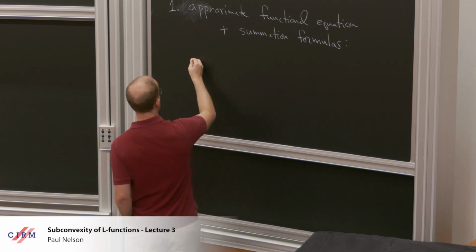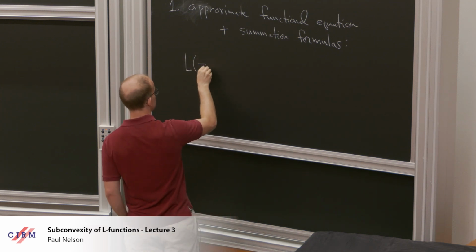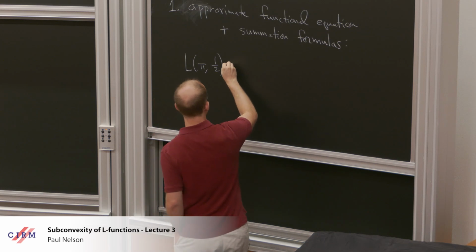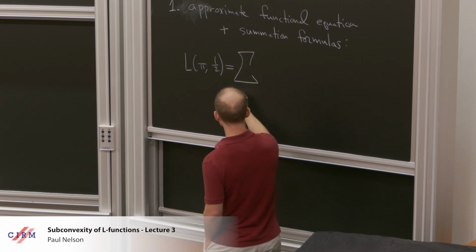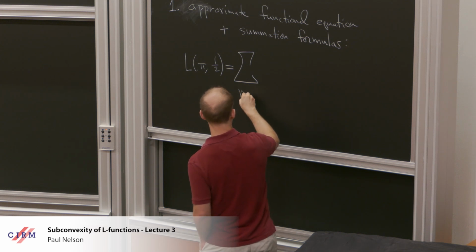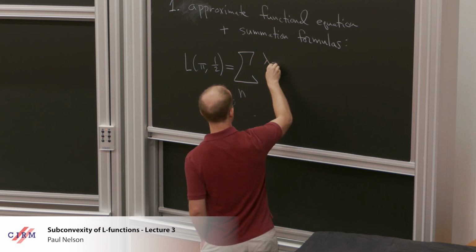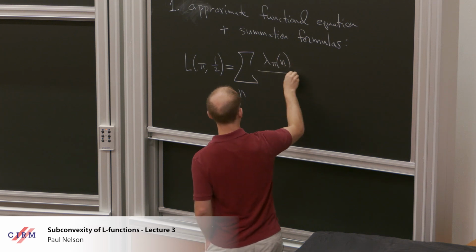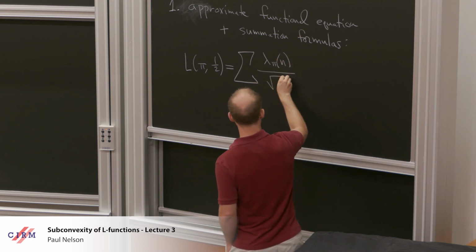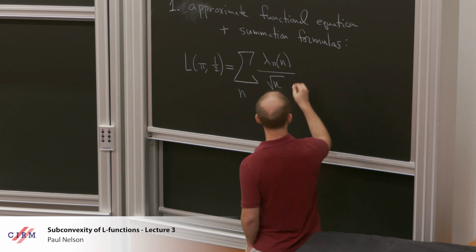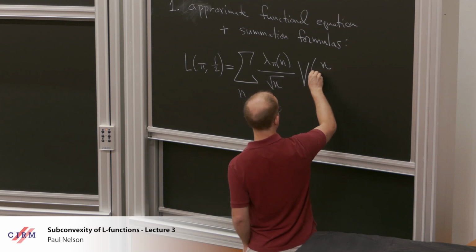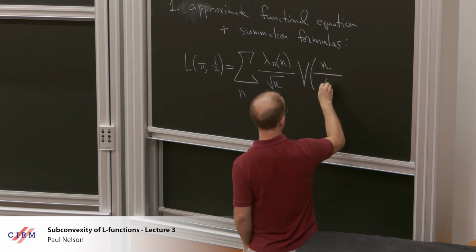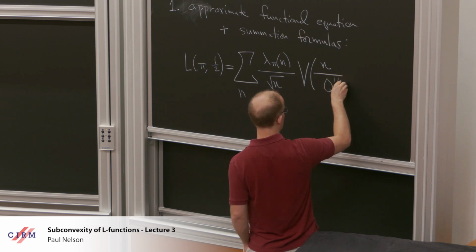So this means you write down something like L of pi, half. So Philippe explained, I think, that you can write this as a sum over natural numbers of some coefficient divided by square root of n times some test function that truncates n to the range where it's of size up to about q to the half.